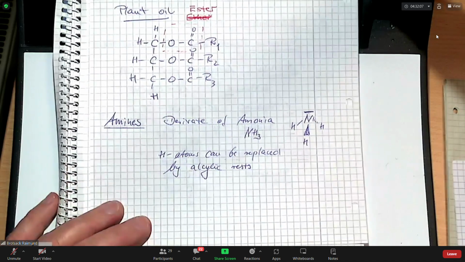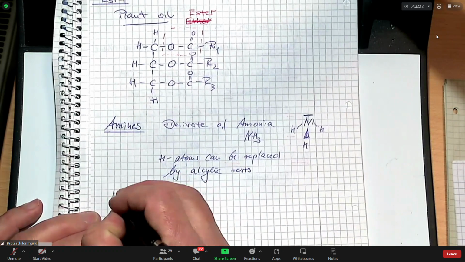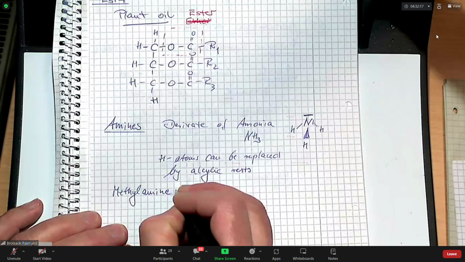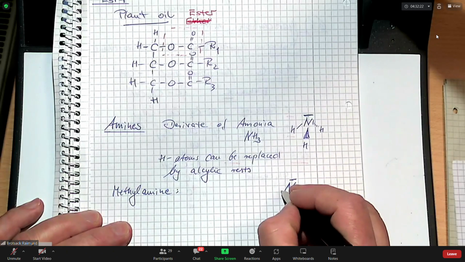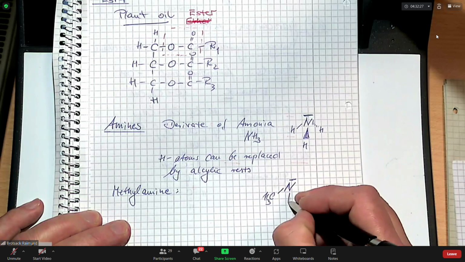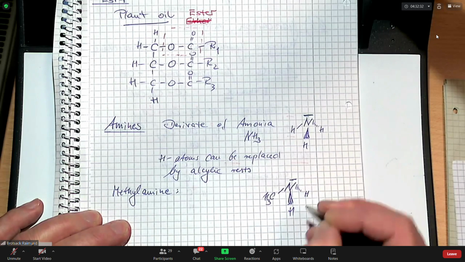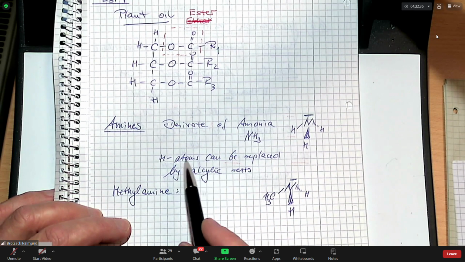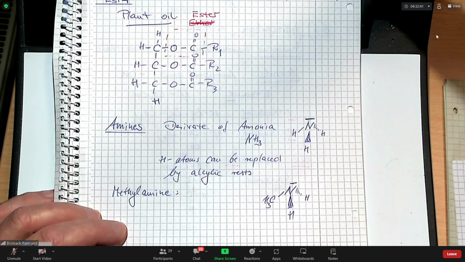One we talk about, for example, is methylamine. A methylamine has one methyl instead of the hydrogen. So we have here CH3. The rest is H and H. H atoms can be replaced by alkylic rests. The alkylic rest is a methyl.